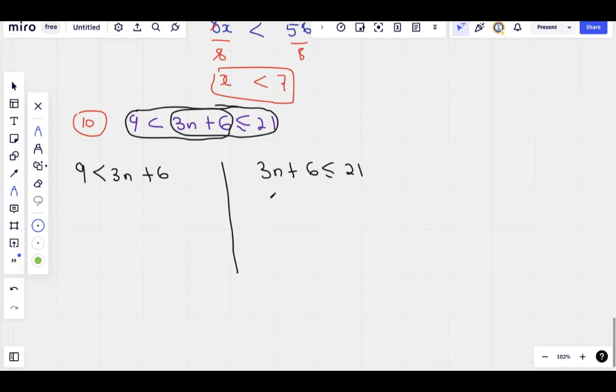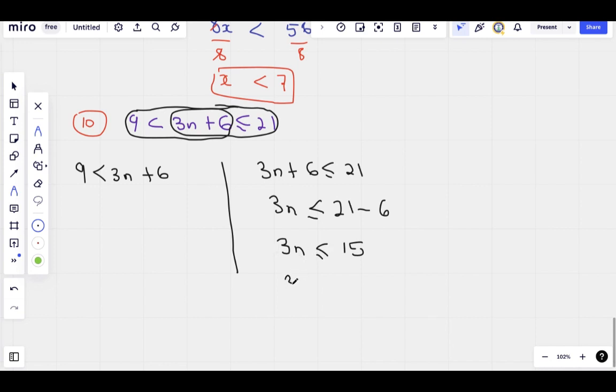So what I have here, I have 3n is less than, you take this 6 to the right, it becomes 21 minus 6. So I have 3n is less than or equal to 21 minus 6, which is 15. So you divide both sides by 3 in order to get n.